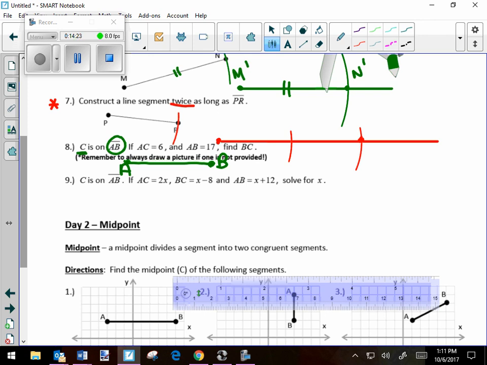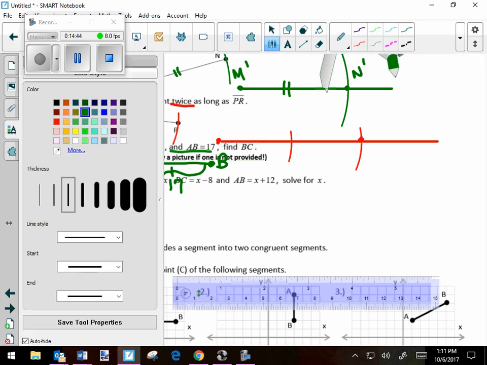If we read ahead, we know that from A to C is 6 and from A to B is 17. So C is going to be somewhere closer to A, so that the first part is 6 and the whole thing is 17, and they're asking us to find the missing part.